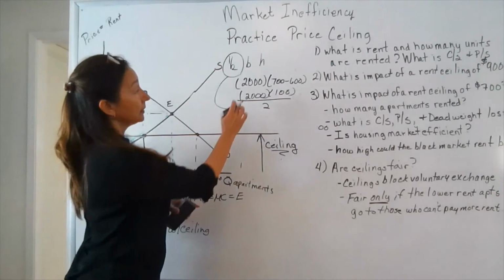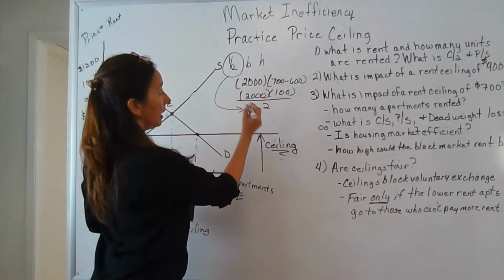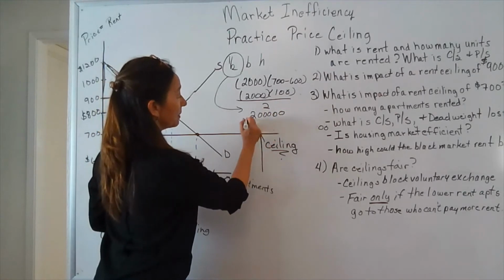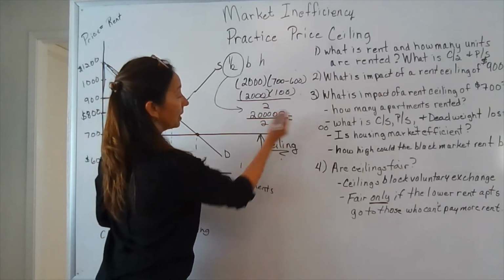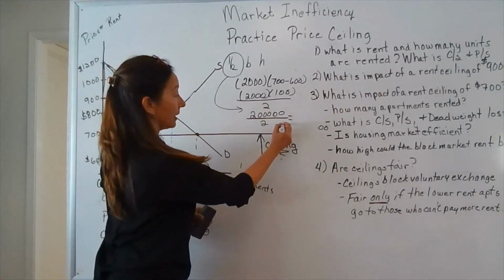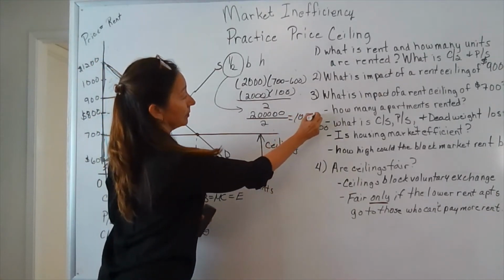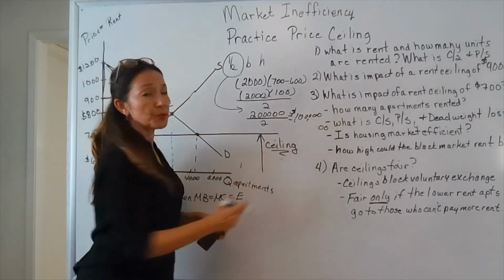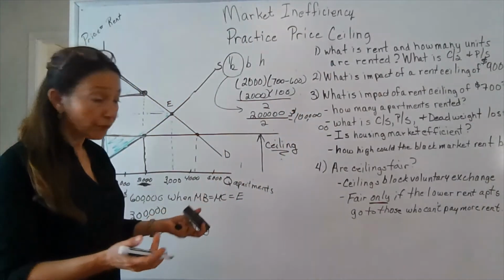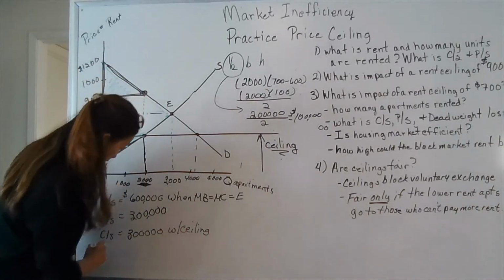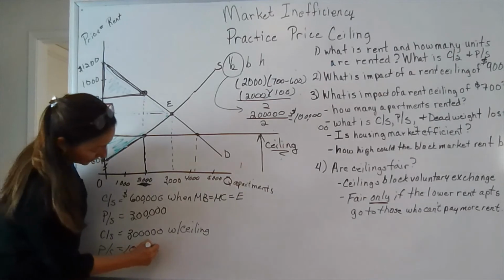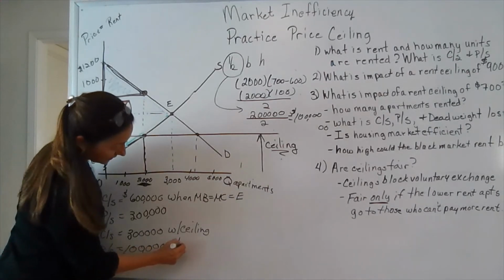So 2,000 times 100 is 200,000, divide that by 2. Producer surplus has shrunk dramatically. It is now only $100,000. So producers, because of this new rent ceiling, aren't getting the value that they were before. Okay, so let's put producer surplus equals $100,000 with ceiling.